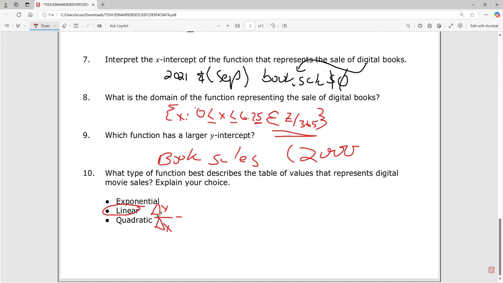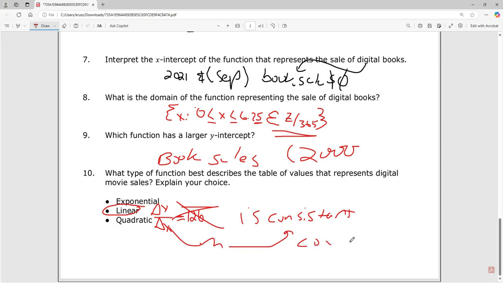So the change in y over the change in x is approximately 126. It's consistent. Right? So change in y over change in x is a slope. So it has a consistent slope. So that's one way to look at it.